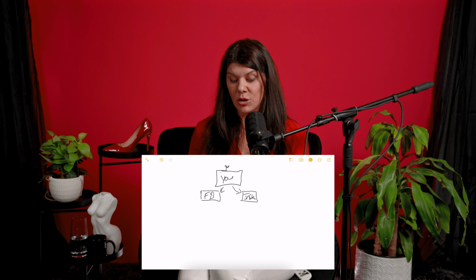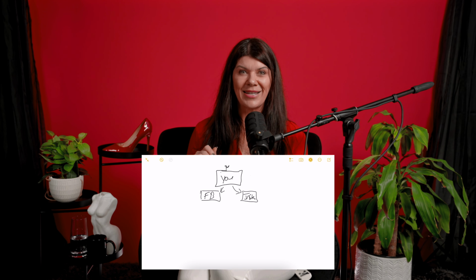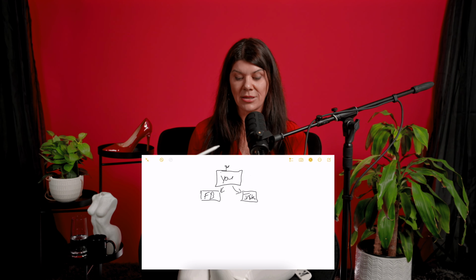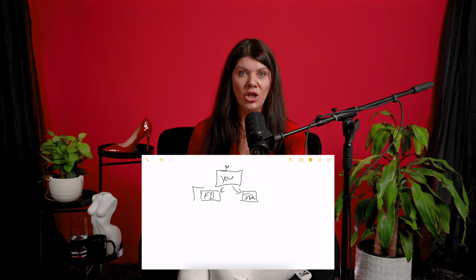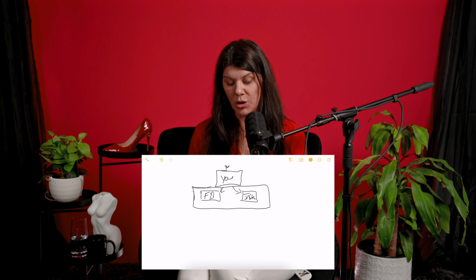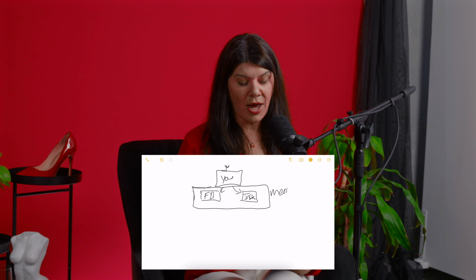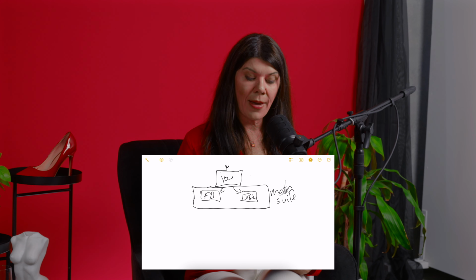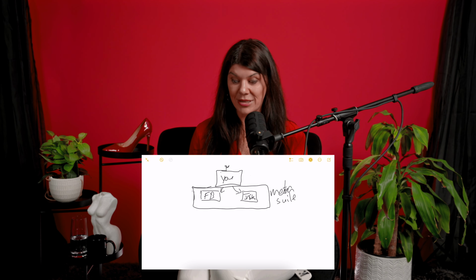So Facebook a few years ago introduced this thing called Meta Business Suite. What Meta Business Suite is, it's essentially the manager that helps you easily manage your pages. So what we're going to do here is put a little box around the Facebook and Instagram pages, right? And this here is your Meta Suite.